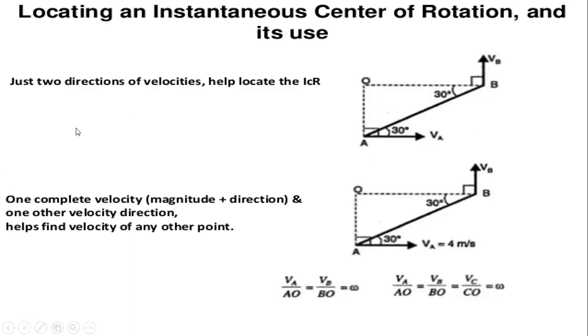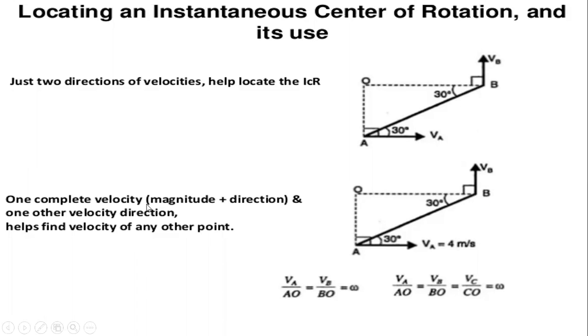So here you can see the velocity of A is defined as 4 meters per second, and the velocity of B is not given. This velocity of A is sufficient to find the velocity of B. That is, both magnitude and direction have been given here for only one point, so the other point's velocity can be easily found.